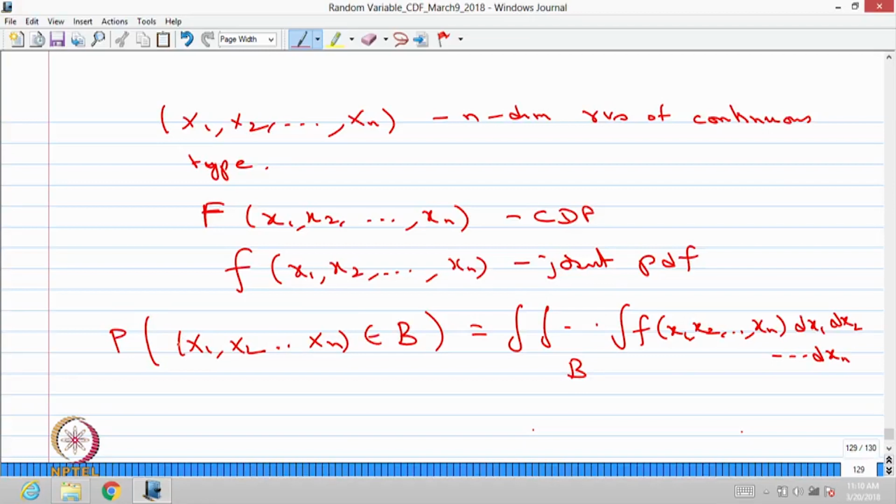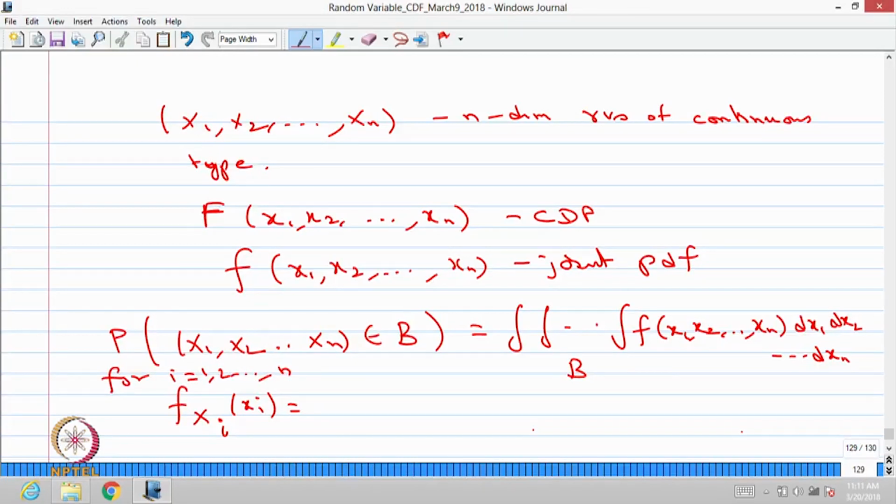The way we got the probability of belonging to B, one can find the probability density function of any one random variable Xi for i equal to 1 to n.